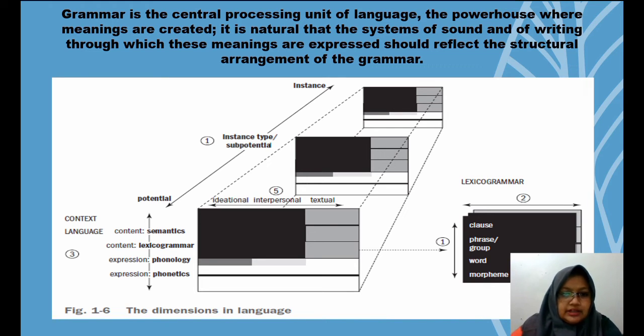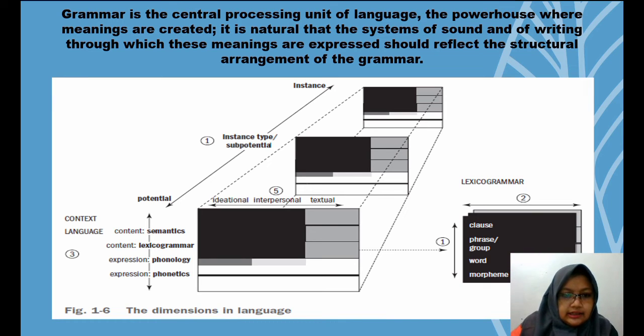The dimensions in language from here: the first is instance or type or subpotential. Number two is lexicogrammar, and the third is the context of the language. Number four is ideational, and interpersonal and textual is number five.